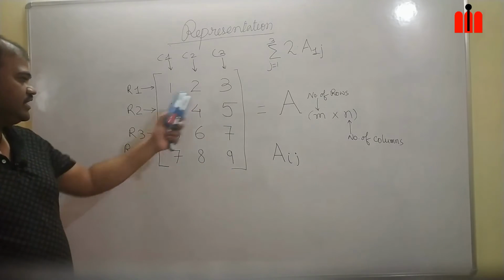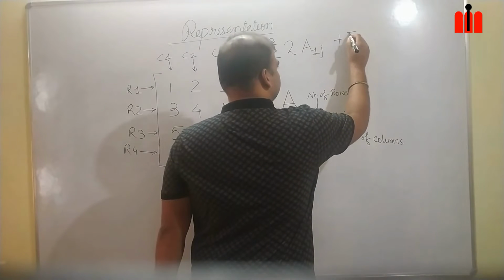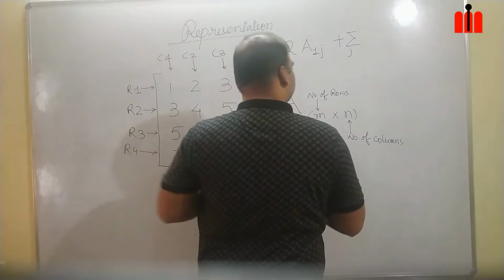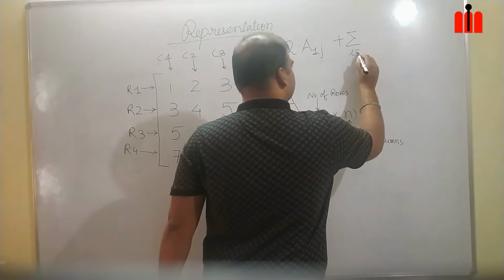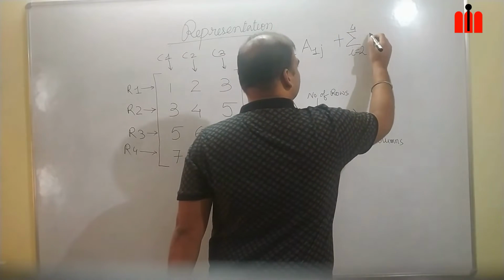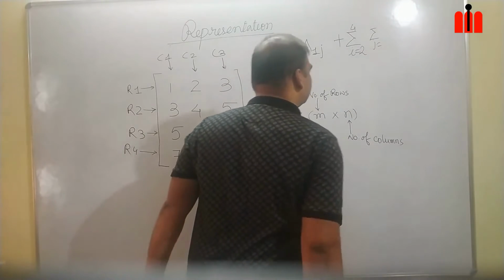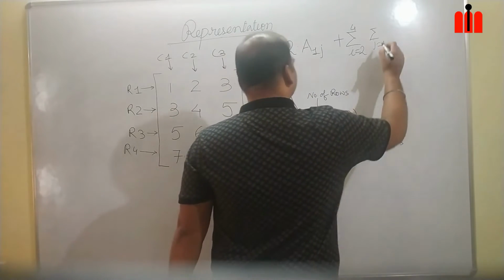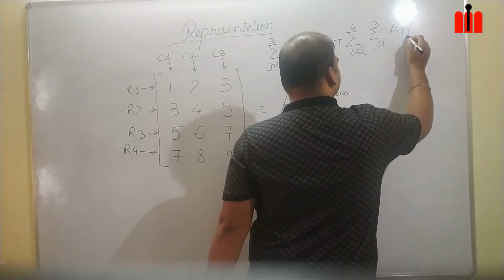Now I will write the rest. It will be plus sigma I equal to 2 to 4, sigma J equal to 1 to 3, A I J.